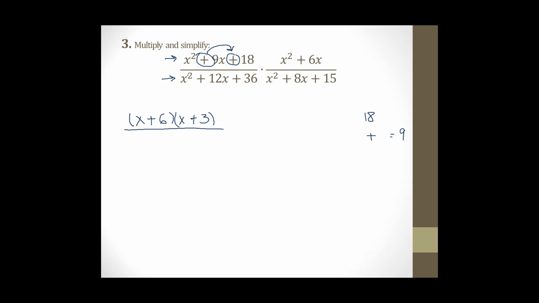The first term is a square, and the 12, I get by multiplying the square root of the first term and the square root of 36 together, and that times 2 will give me 12. So I can use this method to factor this, which means I have an x and an x, the square root of 36, which is 6 and 6, and the sign in front of the middle term determines the sign of my parentheses, which means both of them are positives.